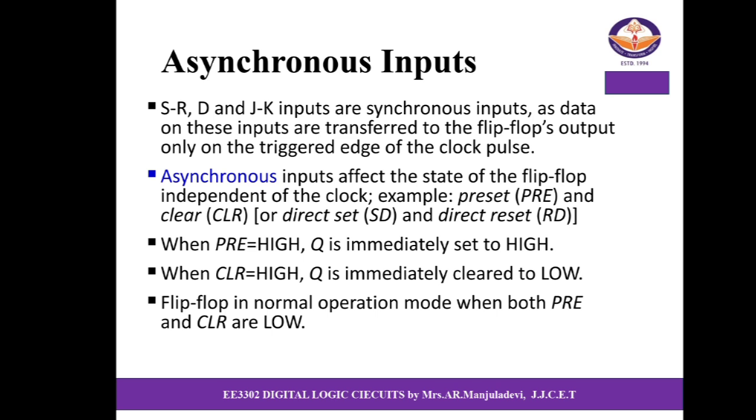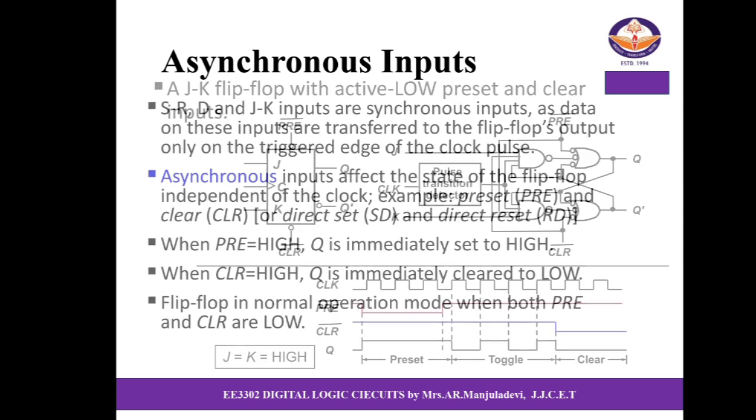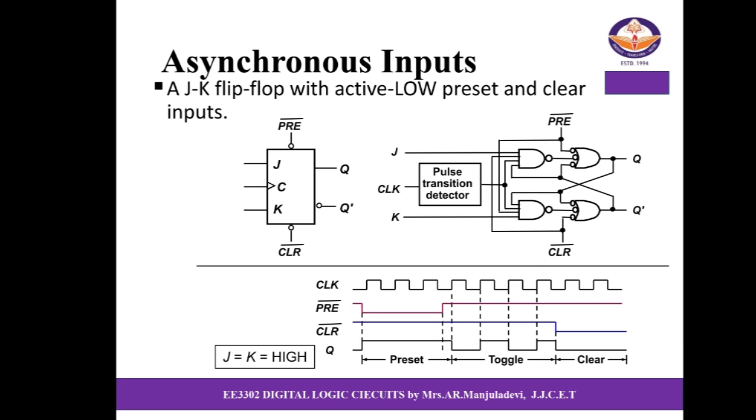When preset is high, Q is immediately set to high. When clear is high, Q is immediately cleared to low. The flip-flop is in normal mode when both preset and clear are low. These are the logic diagram and timing diagram of asynchronous inputs.